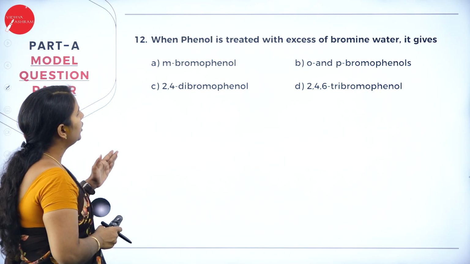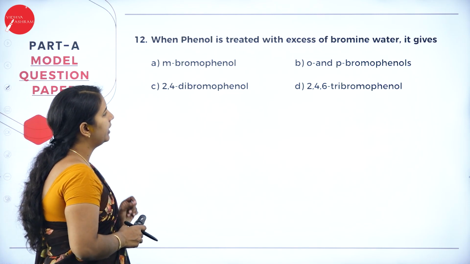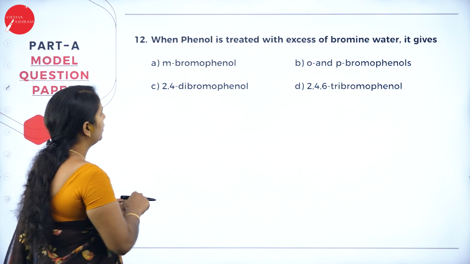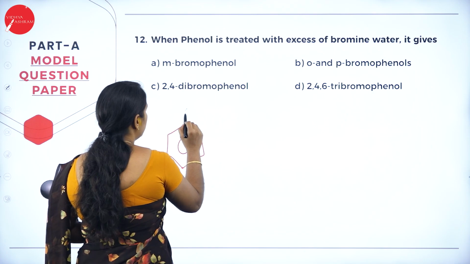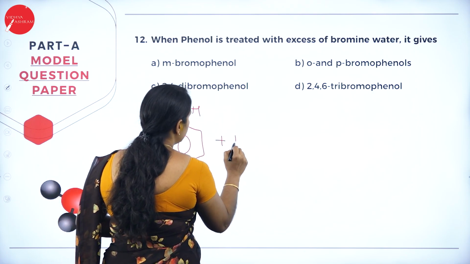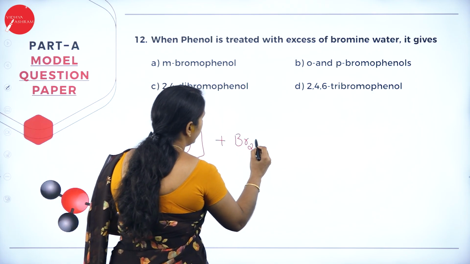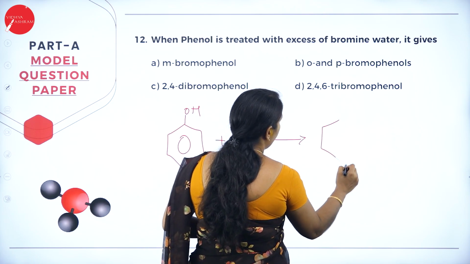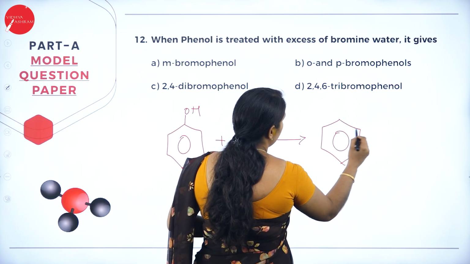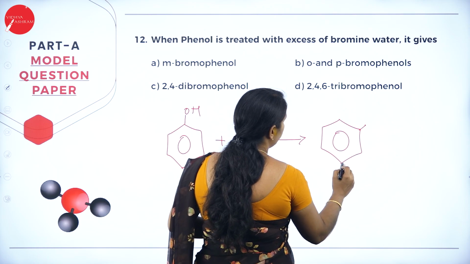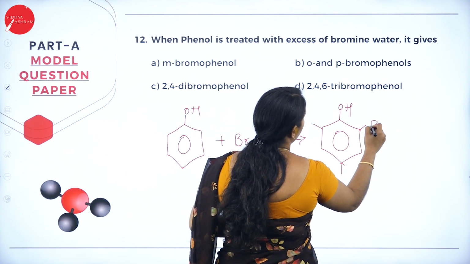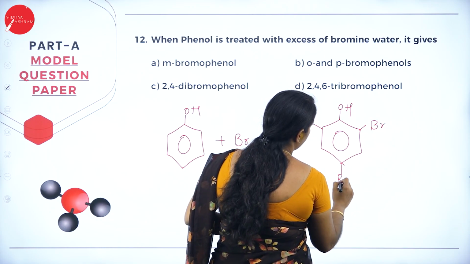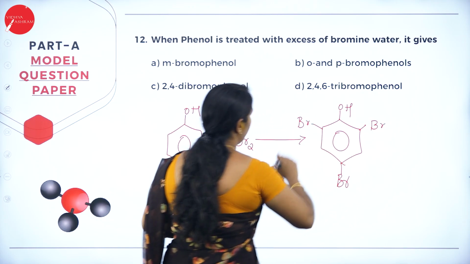Next, when phenol is treated with excess of bromine, it gives rise to what? Phenol means a benzene with alcohol as its functional group. When it is treated with excess of bromine water, it gives 2,4,6-tribromophenol.